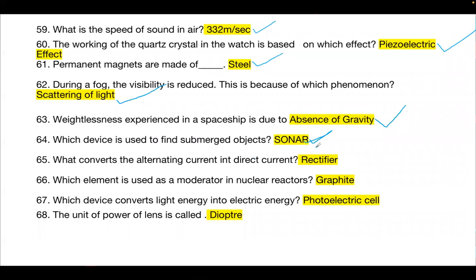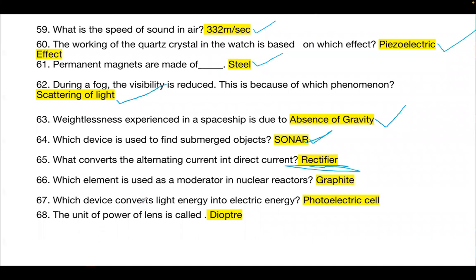Sonar is used to find submerged objects. What converts the alternating current into direct current? So the instrument which converts alternating current into direct current is rectifier.